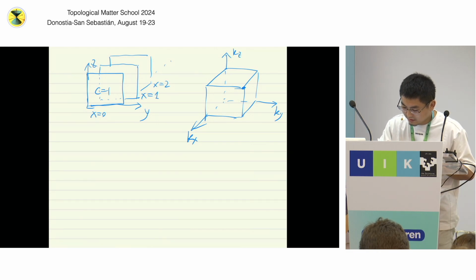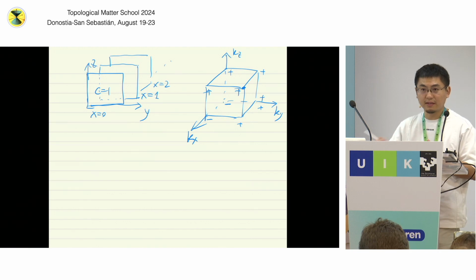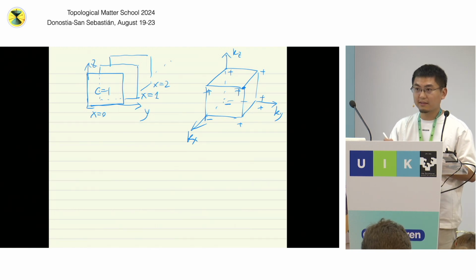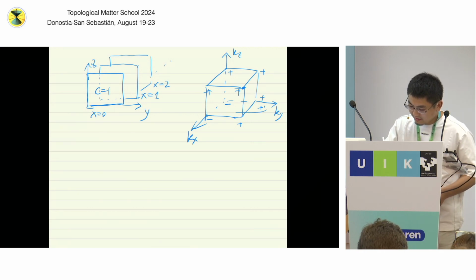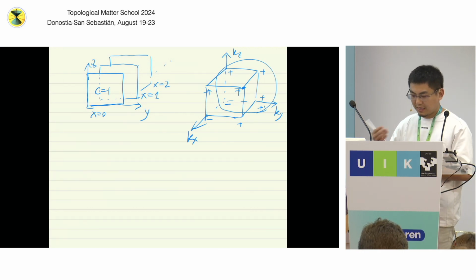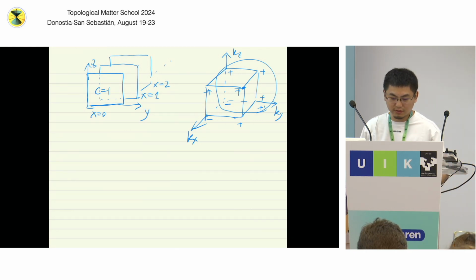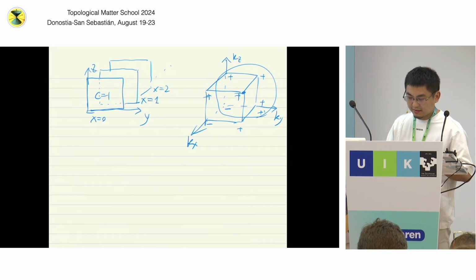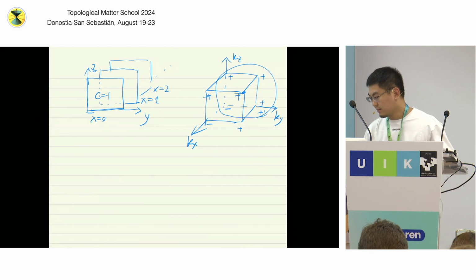And the parities can be simply like this: minus, plus, plus, plus, plus, minus, plus, plus, plus, right? So these parities do not depend on kx. So kx equal to pi and kx equal to 0 have identical parities. And if we understand these parities as the eigenvalues of the 2-dimensional system, it's just simply a 2D Chern insulator. Yeah, so by this, I think I have explained the meaning of the Z2 indicators. Now let's move on to the Z4 indicator, eta 4I.